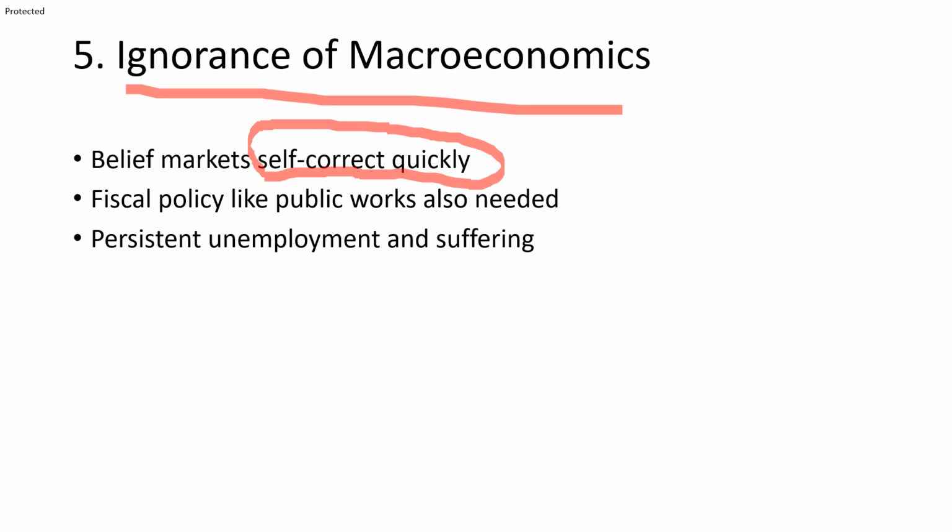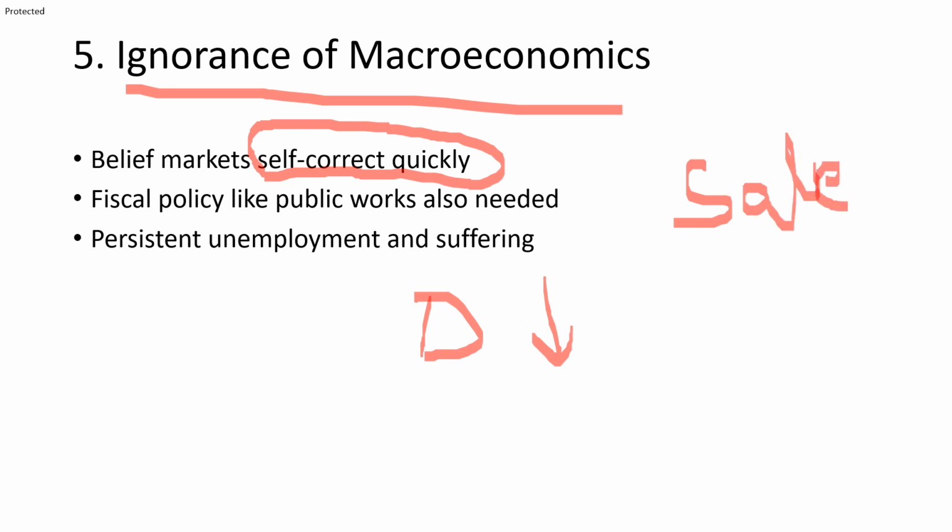So what happens in a recessionary environment is that the demand goes down, so people reduce their consumption. However, in a capitalist economy, in a market economy, sales must continue. Sales drive the economy. So when the demand goes down, the sales go down.